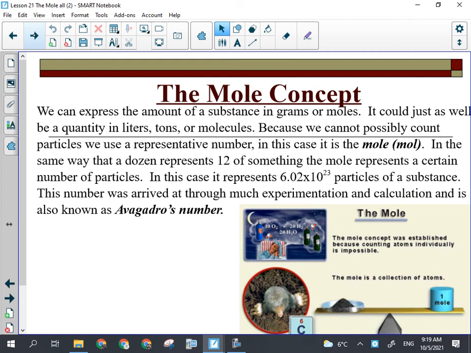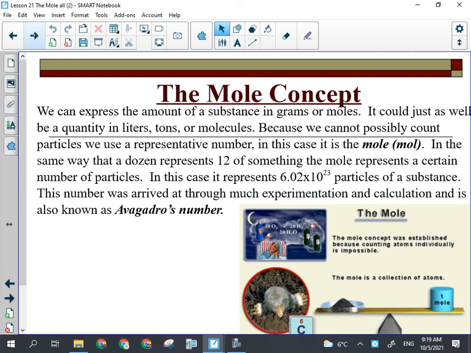The atomic mass of hydrogen is very close to 1 gram: 1.00794 grams per mole. So if I have 6.02 times 10 to the 23 atoms of hydrogen, it'll have a mass of just over 1 gram.